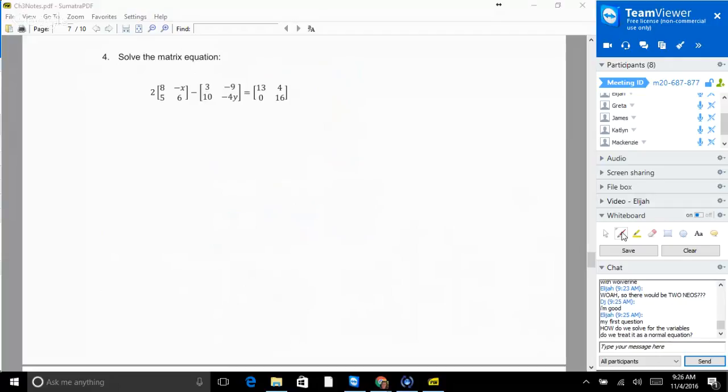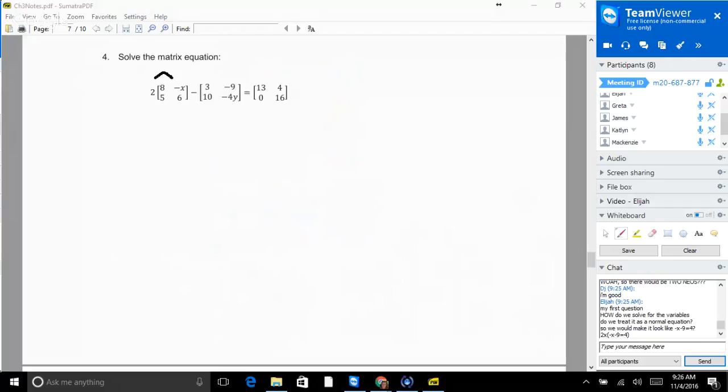But right now, a bunch of things are happening to x and y, right? Right now we have 2 times this matrix, and then the first matrix is being subtracted from the second matrix. So we're not quite there, Elijah, to say negative x minus 9 equals 4. We're not quite there yet, but we're going to get there. Okay, so what we're going to do is simplify what we have a little bit, and then I'll show you how we can solve.